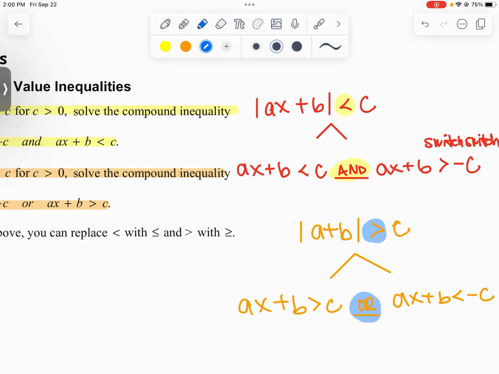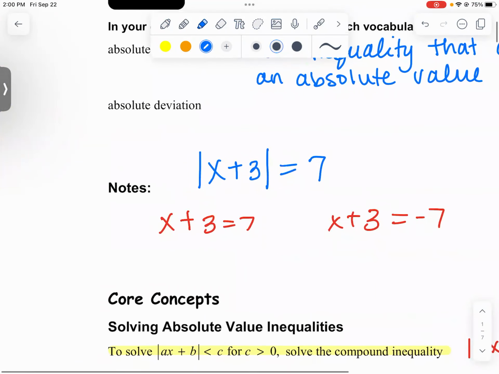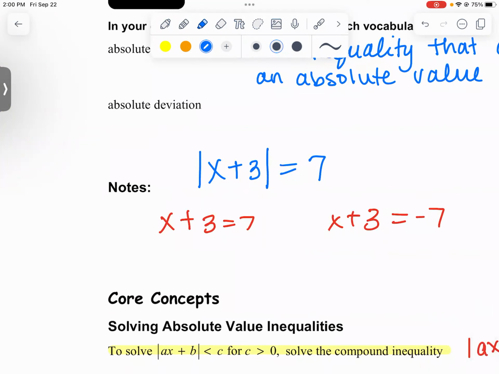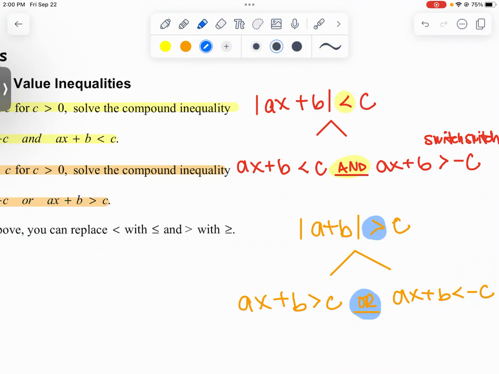So when you were gone, we talked about when we solved absolute value equations, we created two equations. One with the positive, one with the negative. So we're doing the same thing here. The only thing though, is now that we have an inequality sign, we're gonna have a compound inequality.